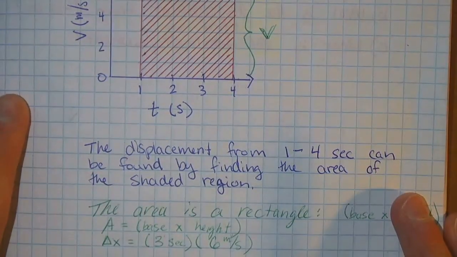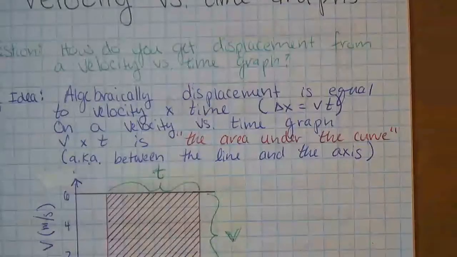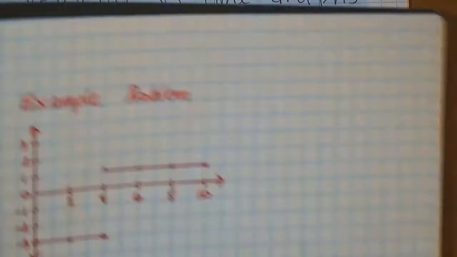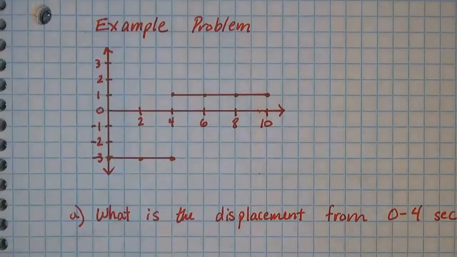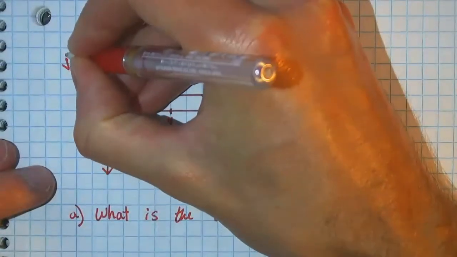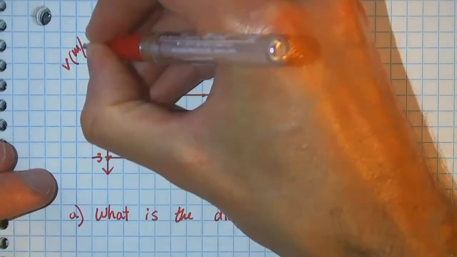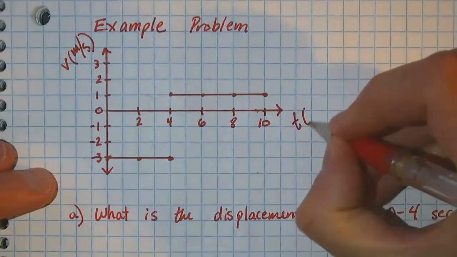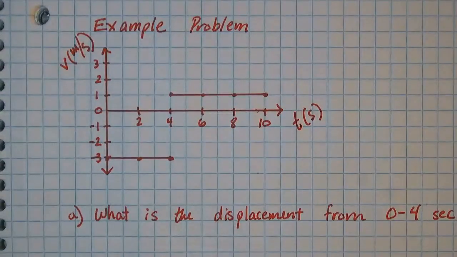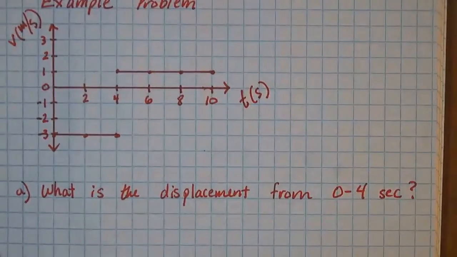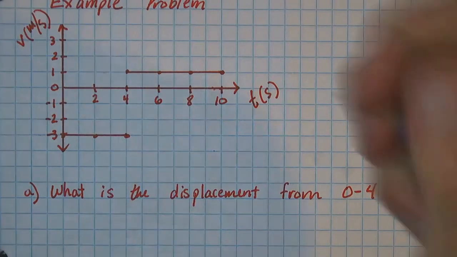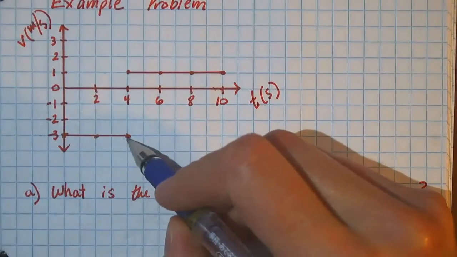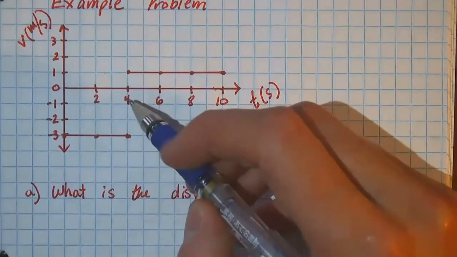So there are your notes on the velocity versus time graph. Now to move on to the example problem. Here we have our example problem. I'll label it here, but this is a velocity versus time graph. The first question it asks is, what is the displacement from 0 to 4 seconds? To figure that out, we're just going to shade in the region between the line, which is right here, and the axis, which is right there.